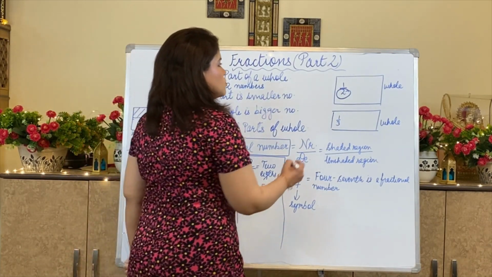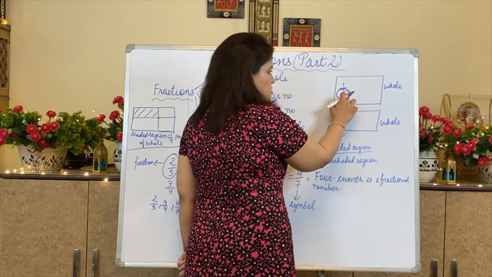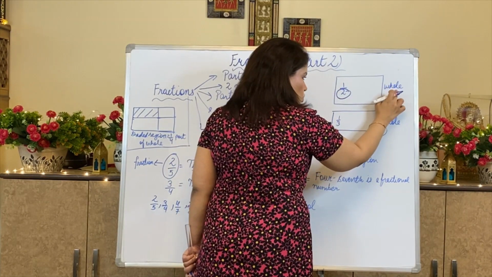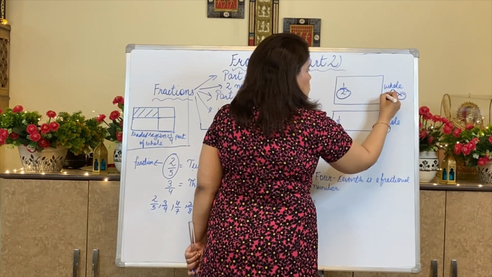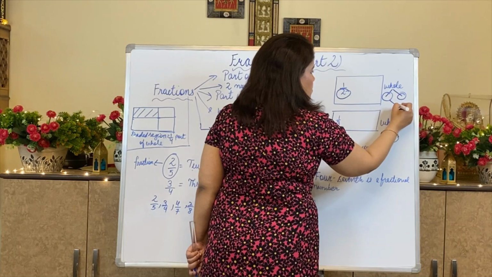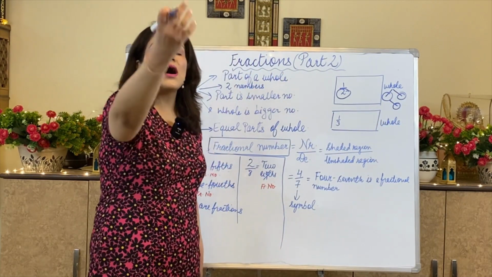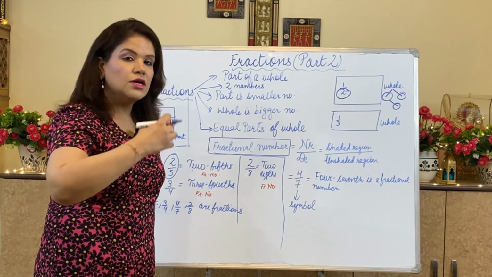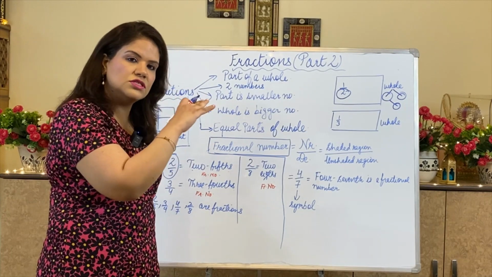Is it clear? So if I have to divide this whole into two parts, and out of those two parts I am taking one part, that means this is the part which I am talking about, divided by the total number of parts in which this was divided.